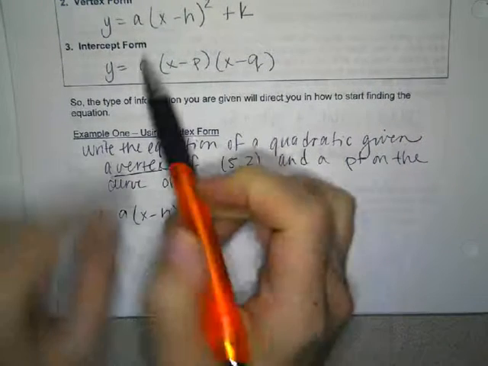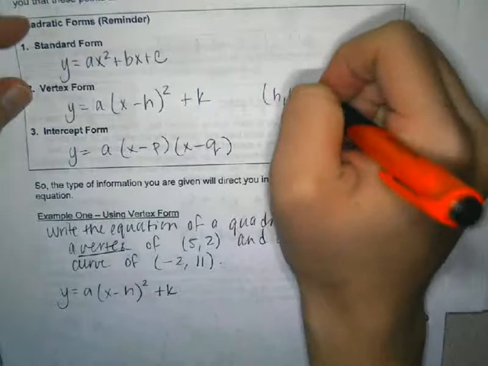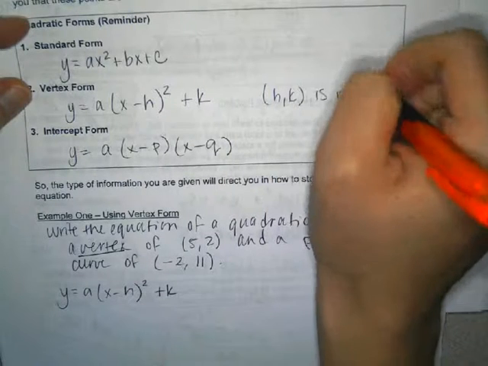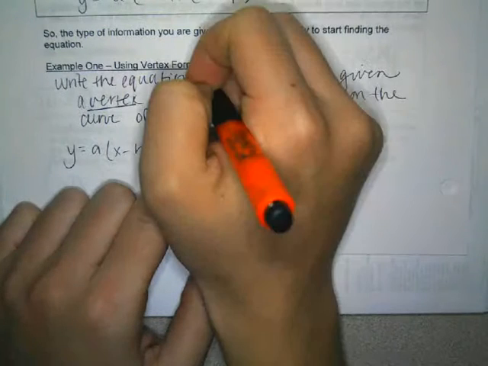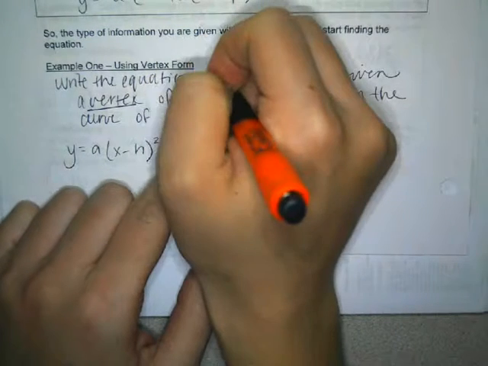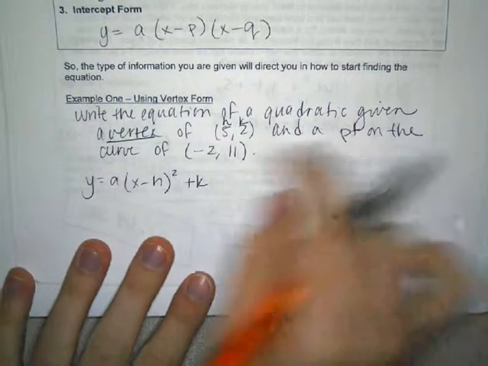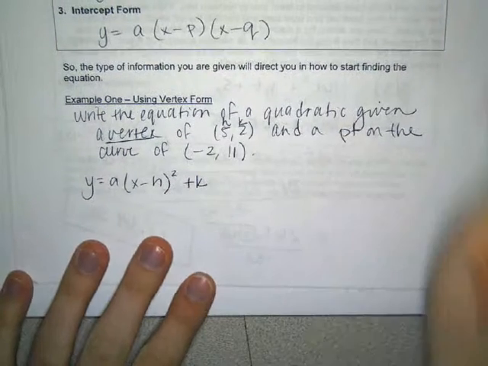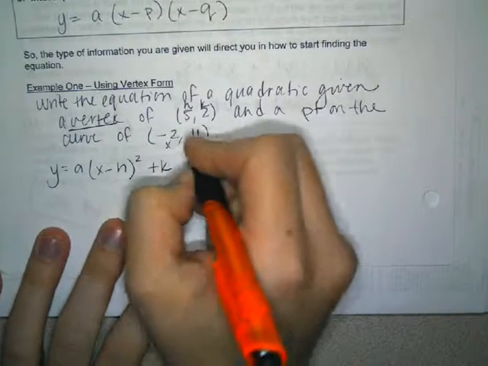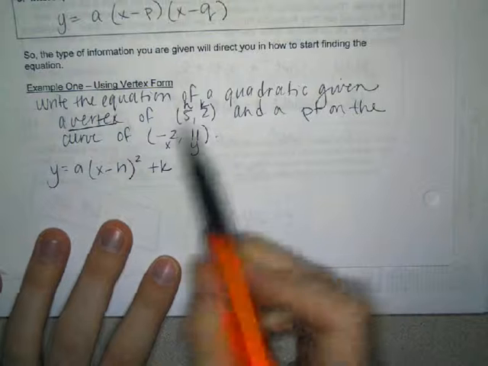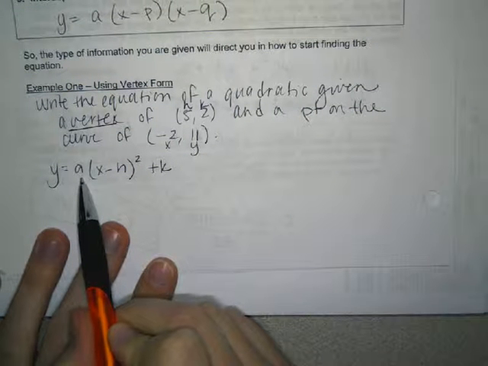This is called vertex form because (h, k) is the vertex. So in this case, 5 and 2, those are the values of my h and my k. And then a point on the curve, (-2, 11), this is just representative of any point. So this is my x and this is my y. Notice I have h, k, x, and y. I don't have a.